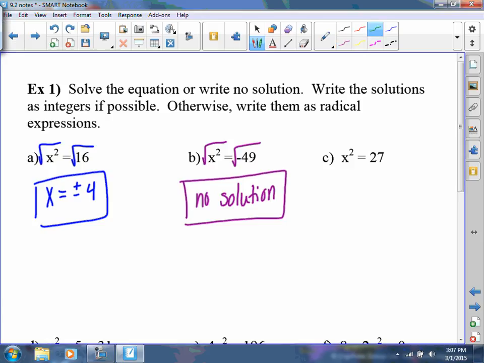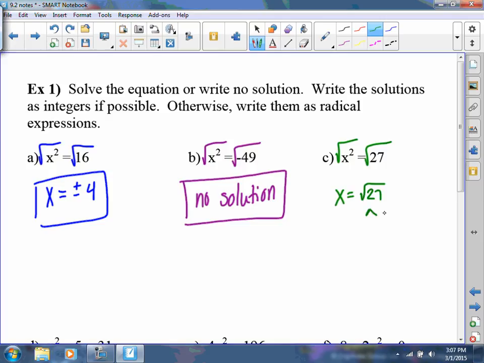Okay, part C, again, there's nothing added or subtracted onto the x squared. There's nothing multiplied or divided by it. So I can just take the square root of both sides. So I'll have x equals, now this 27 though, it's not a perfect square, but it's not negative either. So I can try and simplify it if at all possible. So the square root of 27, I can break that down.